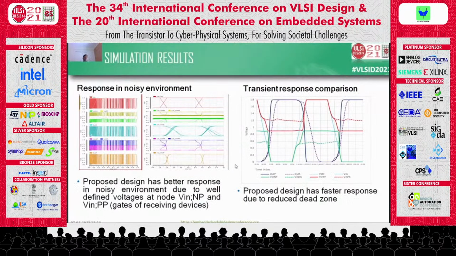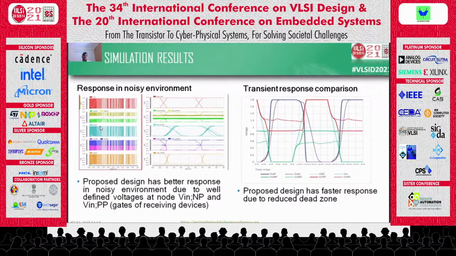If you see the simulation results in the first part, in a noisy environment, both the designs are exposed to the exact same noise scenarios. The proposed high voltage design performs far better because its intermediate signals are well defined, whereas in the previously used standard receiver, the intermediate signals are noisy and they have some coupling depending on the amount of switching in this environment.